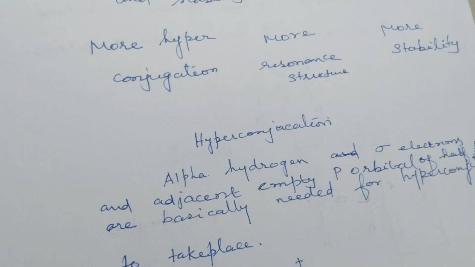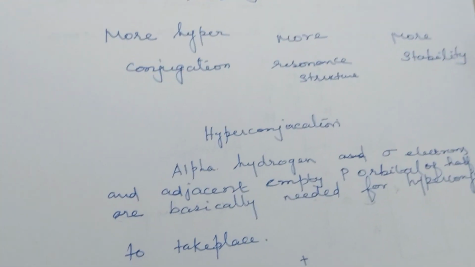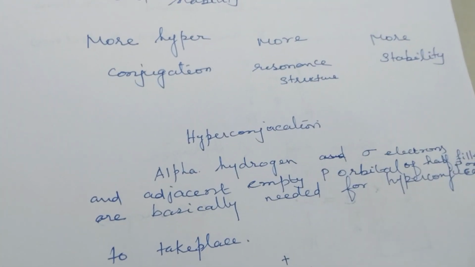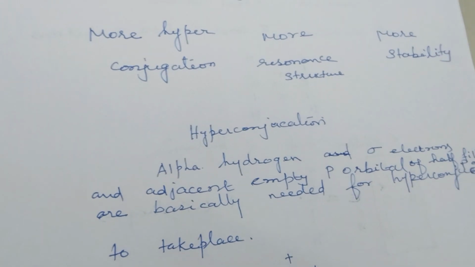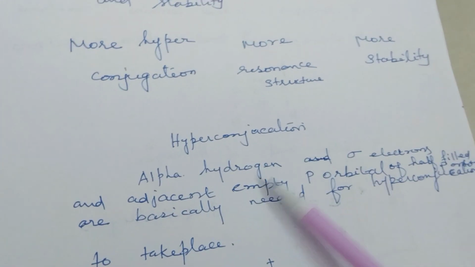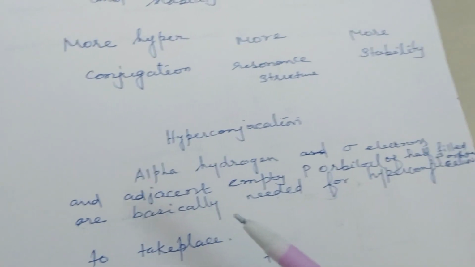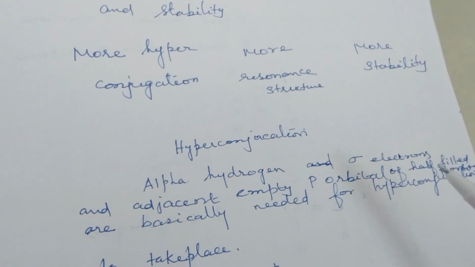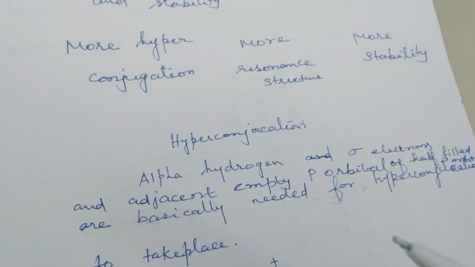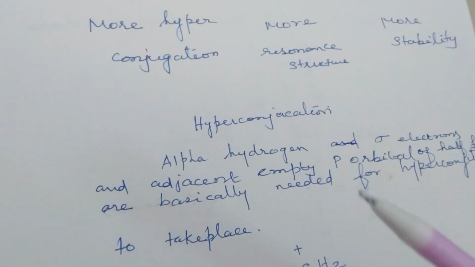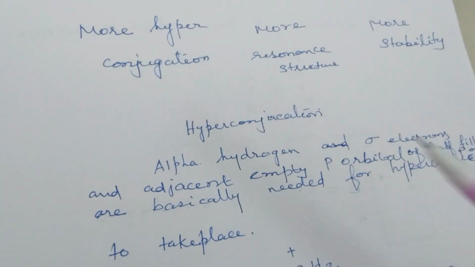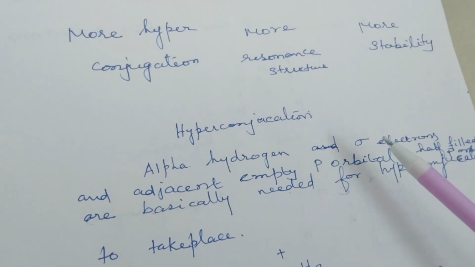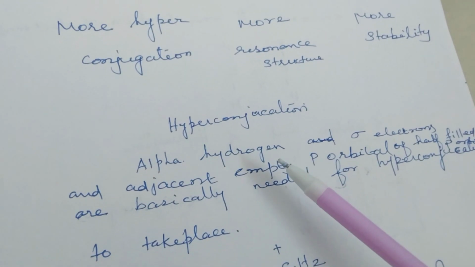Then, what is hyperconjugation? In order for hyperconjugation to take place, we need alpha hydrogen, sigma electrons, and an adjacent empty p orbital or half-filled p orbital. These three are basically needed for hyperconjugation to take place. That's why first we studied sigma electrons, then alpha hydrogen.